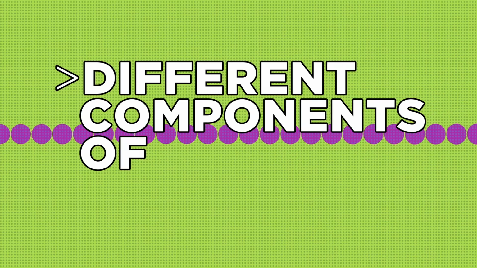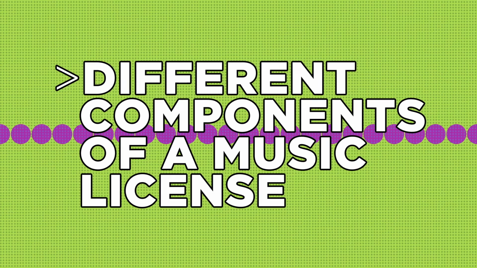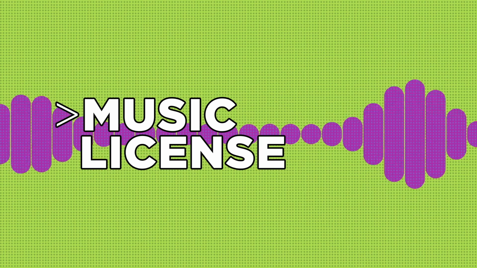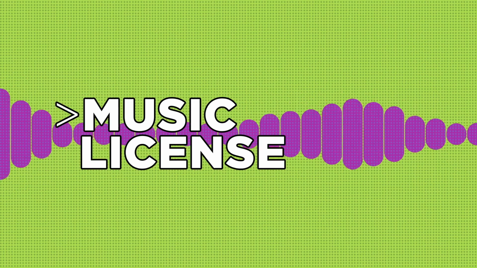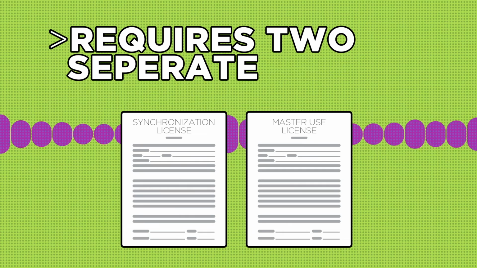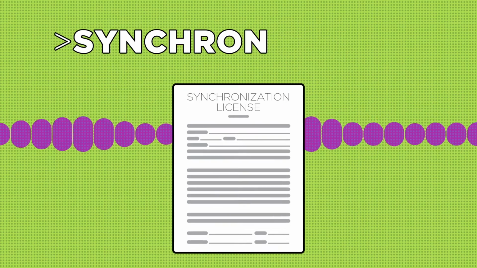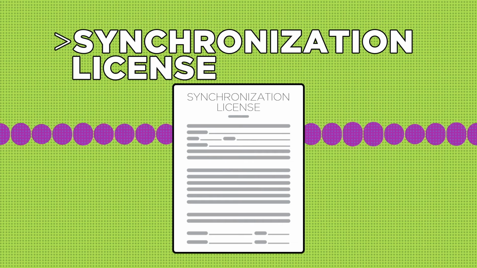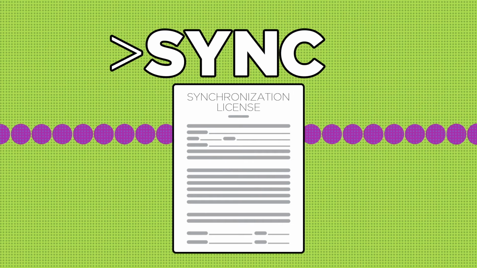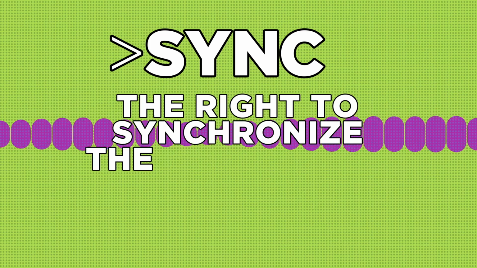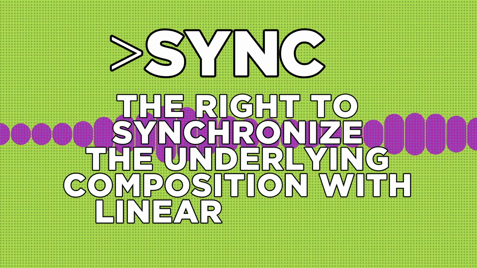And today we're going to look at the different components of a music license. A music license intended for picture really requires two separate and unique licenses. The first one is going to be the synchronization license. And a lot of times we'll just use the word sync. It's the right to synchronize the underlying composition with linear picture.